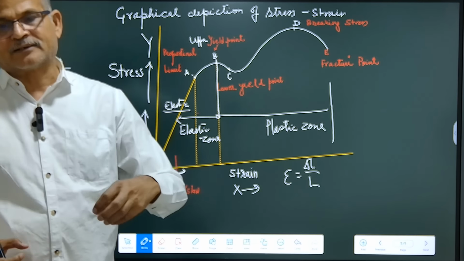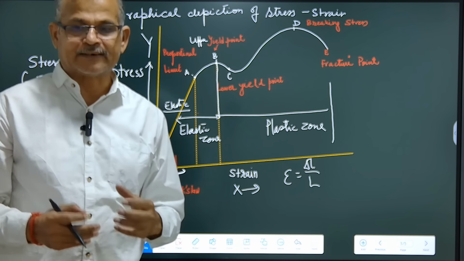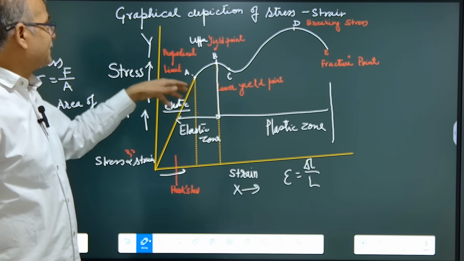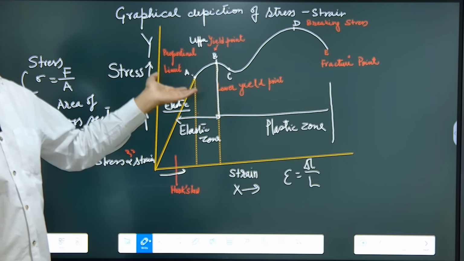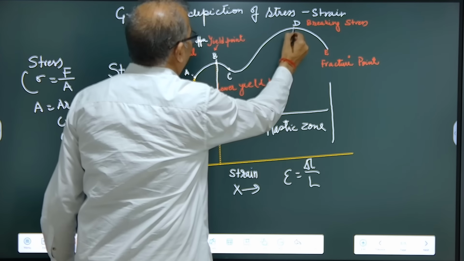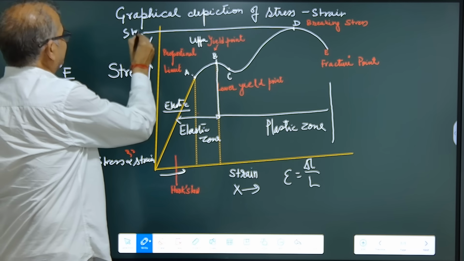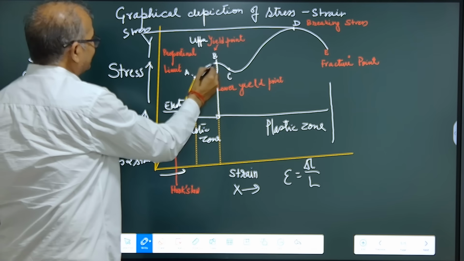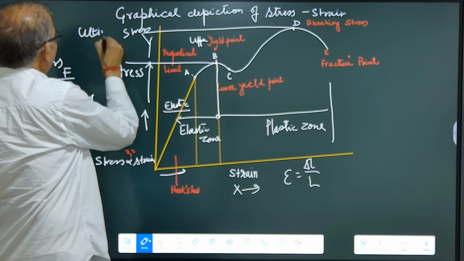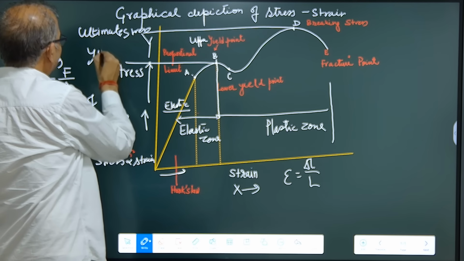We take the specimen and put it into the universal testing machine, apply the load and record the readings, and after deriving the readings we draw this graph. After that we find the yield strength of the material and the ultimate strength. Corresponding to these points we find stress: this is the ultimate stress and this is the yield stress.